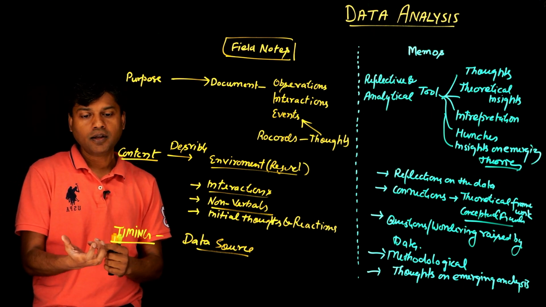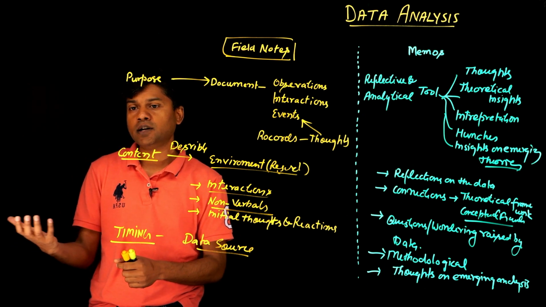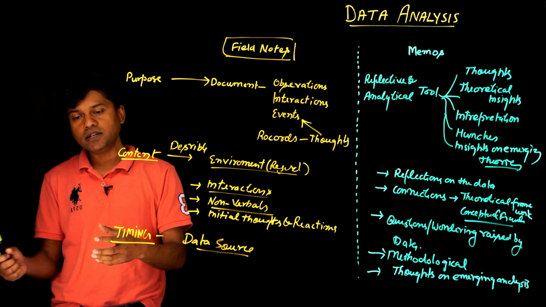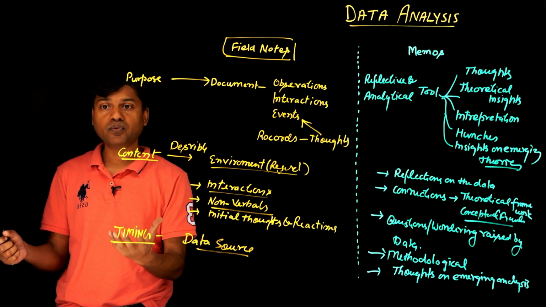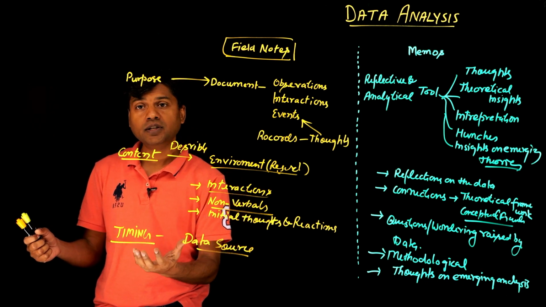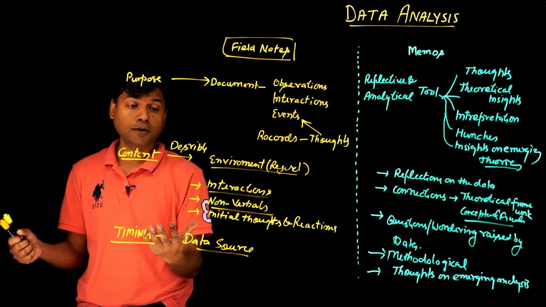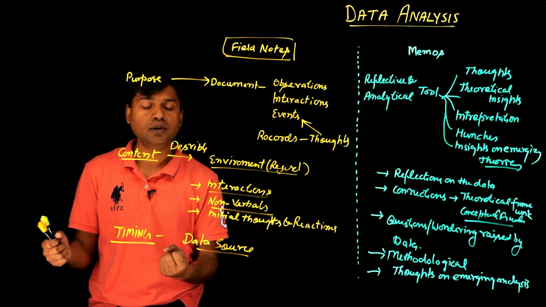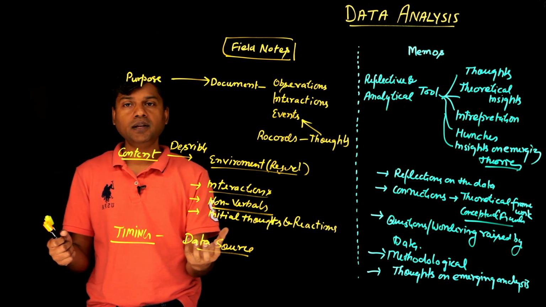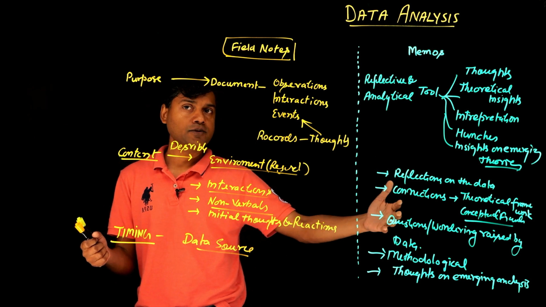Along with generating the data, which is your interview data, focus group data, or observation data, you are also creating another data source, which is your field note, which describes maybe your hunches, what you are noticing when you are doing observation or when you are interviewing. So this is basically a data source that you later use in your data analysis process.